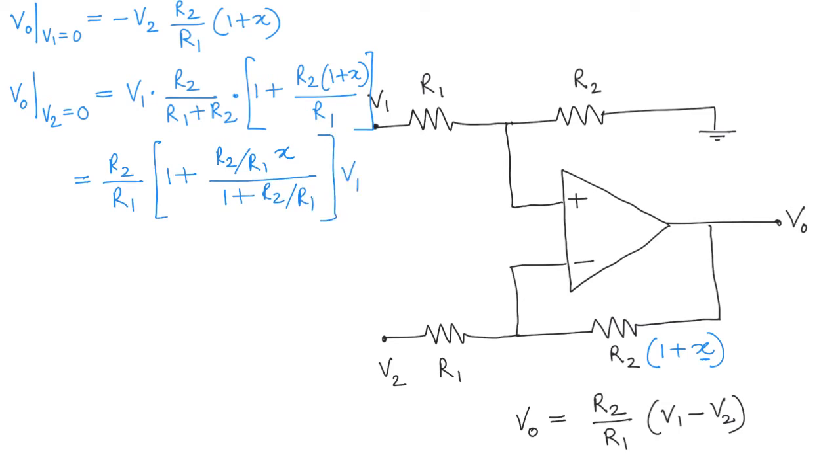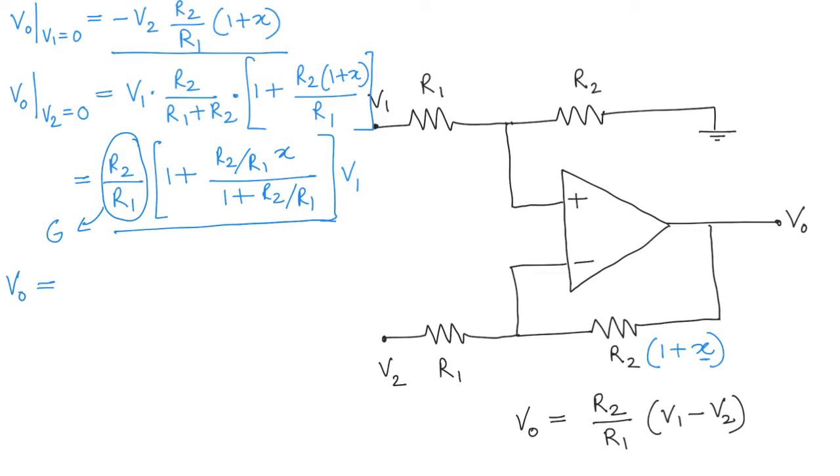So what is the total V output? V output is going to be the addition of this term here and this term here. And what do they give you? Let's also, just for convenience, write R2 over R1 as gain G.